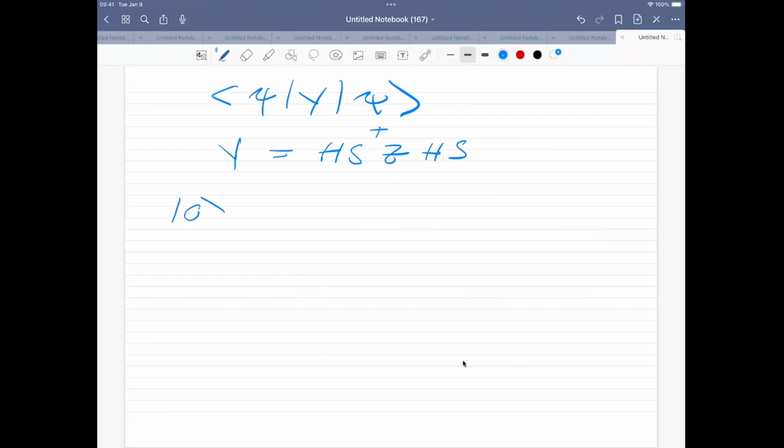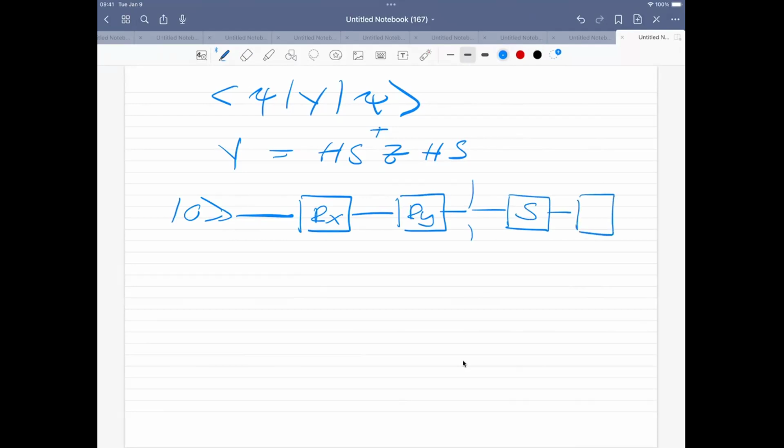So where we have the state 0, which is transformed by a Pauli X, and then a new rotation. And now I have my S matrix, and then I have my H matrix. And finally, I am performing a measurement now in my chosen computational basis. So this is a way by which you would indicate that specific operation.